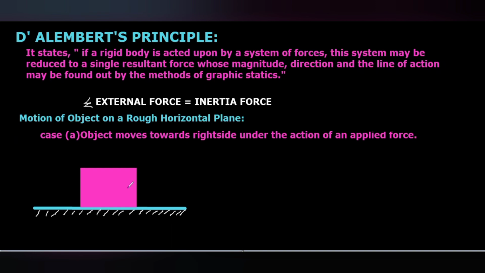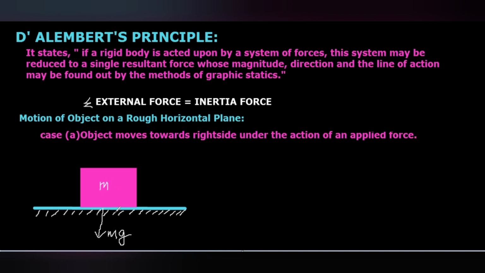Consider an object lying on a rough horizontal plane. If M is the mass of this object, the weight, that is mg, will act exactly vertically downward.